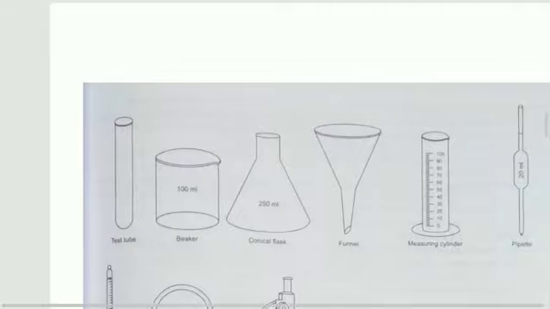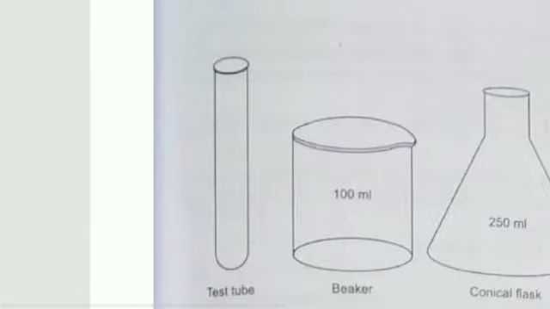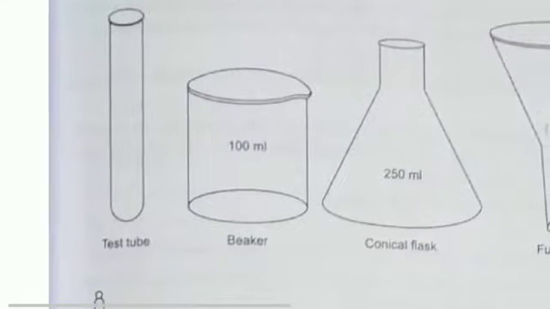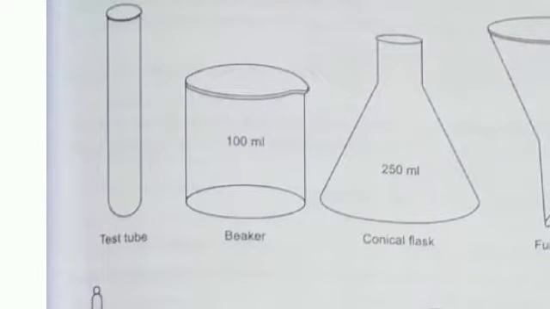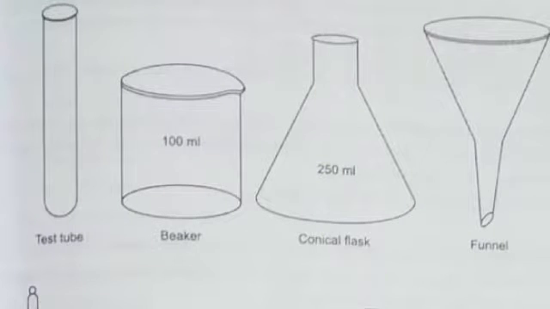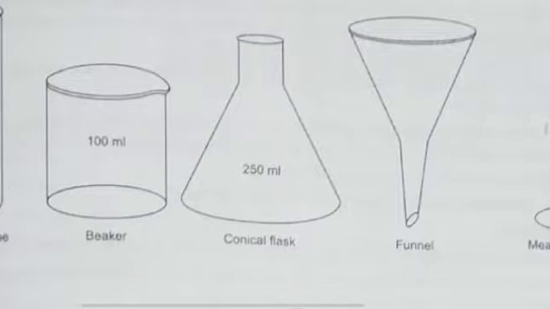Look, first one is test tube. Diameter is like a finger and length is 10 centimeter. This is beaker of 100 ml. It may be 250, it may be 500. This is conical flask, means a shape of triangle, used mostly in pouring and decantation, etc. This is a funnel, which is used in pouring and filtration.